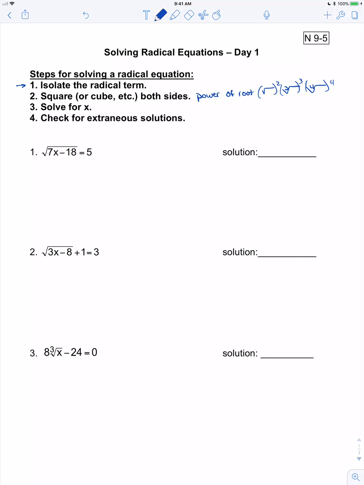Okay, so we are going to work a few problems. So we've got the square root of 7x minus 18 is equal to 5. Well, our radical here is already isolated. So we're just going to take both sides, and since that's a square root, we're going to square both sides of our equation.